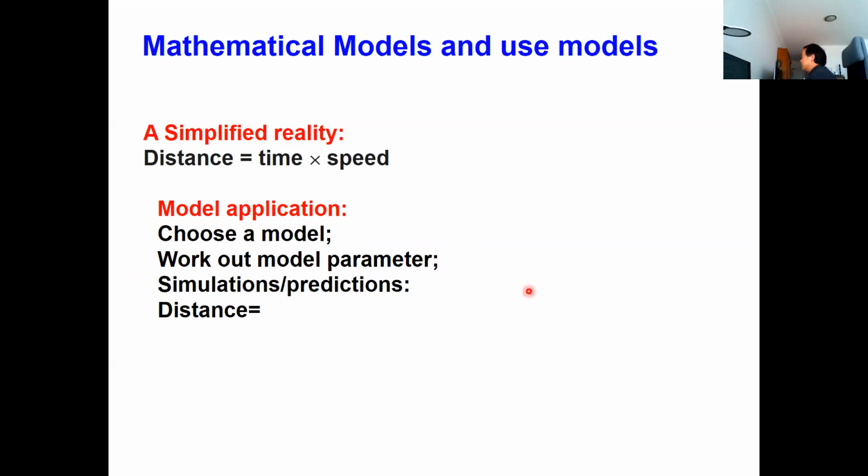And then you are going to do the model simulation or model prediction. Model simulation or prediction means that if the loading on the soil changes, you can predict what the void ratio of the soil will be as the loading changes. This is what we call simulation or prediction.